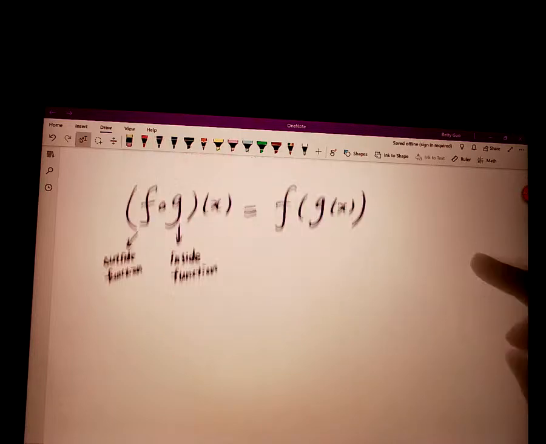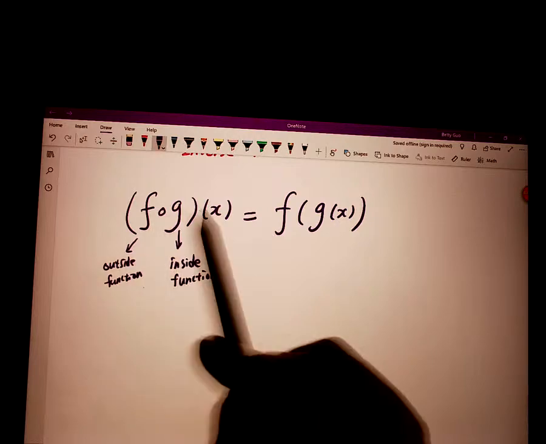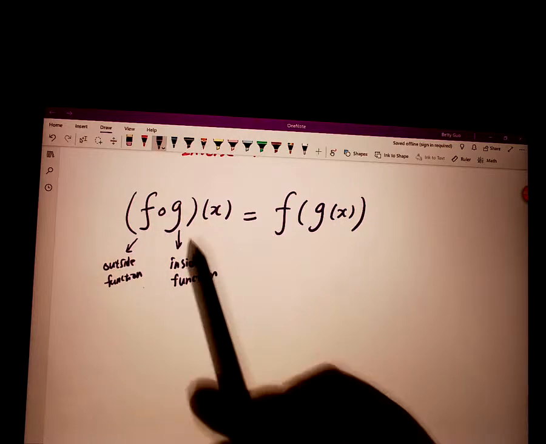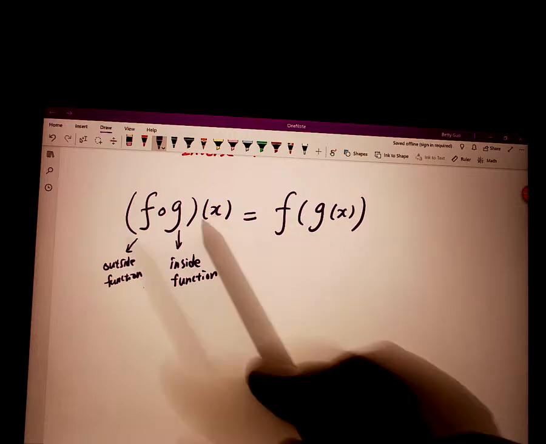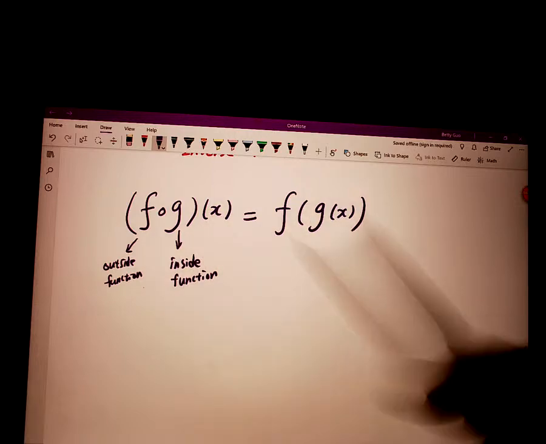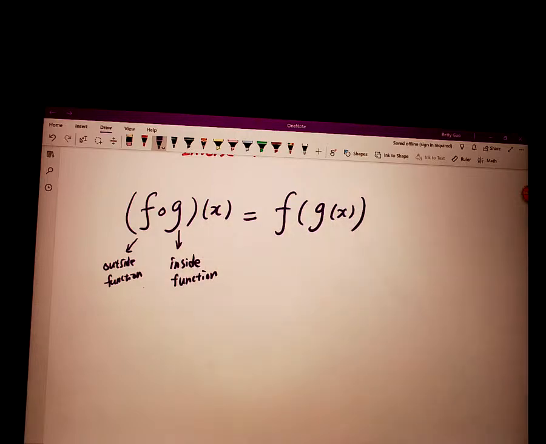So whenever you see f circle g of x, the first thing I want you to do is to rewrite that notation as f of g of x.